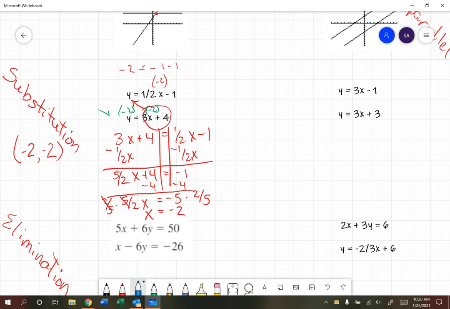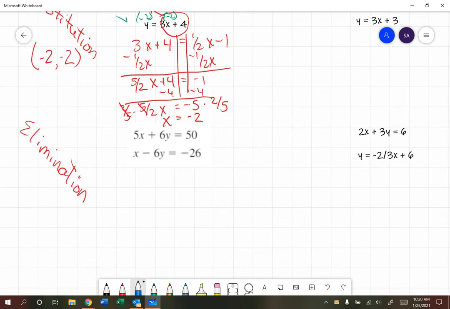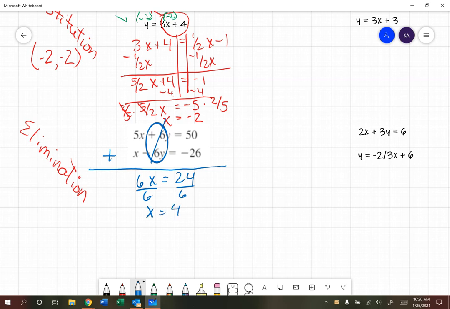By elimination, we can check if it's one solution by eliminating one of the variables. And when I add what's left, I get 6x equals 24. So x equals 4. And then I plug that back in. So 5 times 4 plus 6y equals 50.